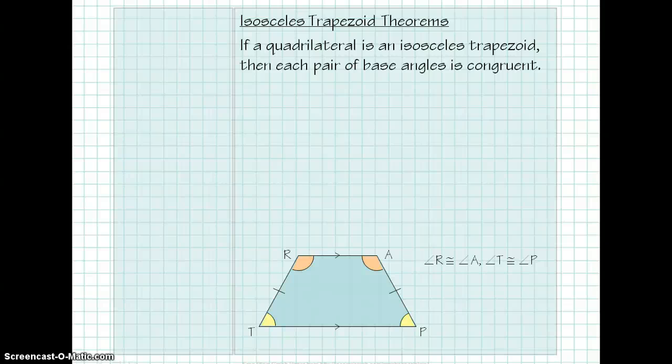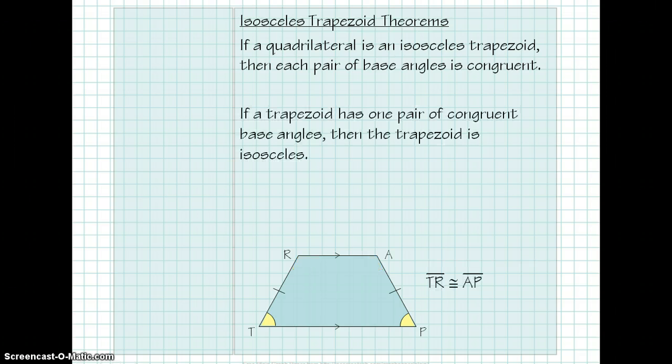Okay, isosceles trapezoid theorems. These isosceles trapezoids have some theorems of their own. First off, if a quadrilateral is an isosceles trapezoid, then each pair of base angles is congruent. So angle R is congruent to angle A, angle T is congruent to angle P, kind of like what we were used to with the isosceles triangles.